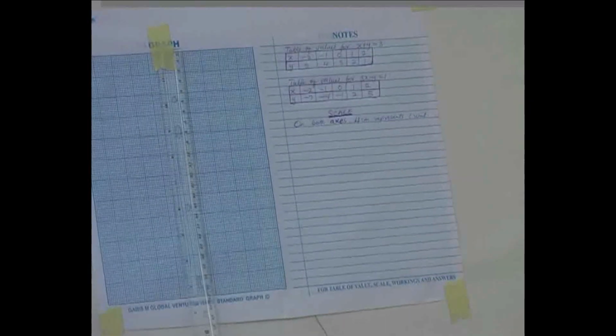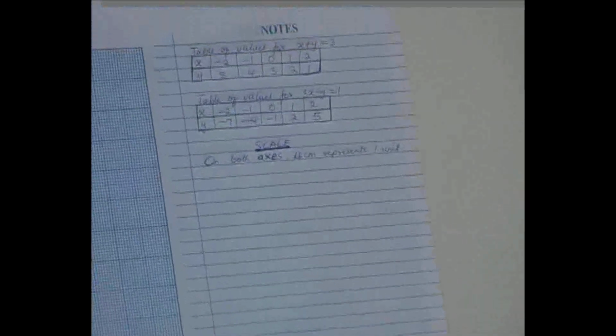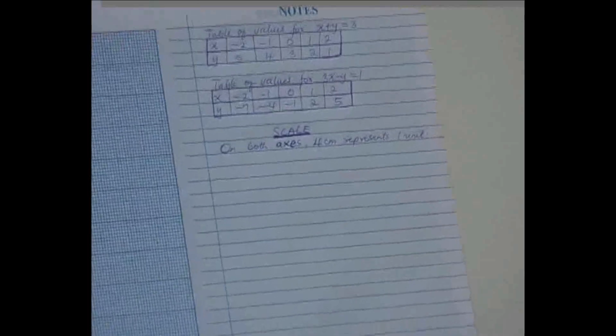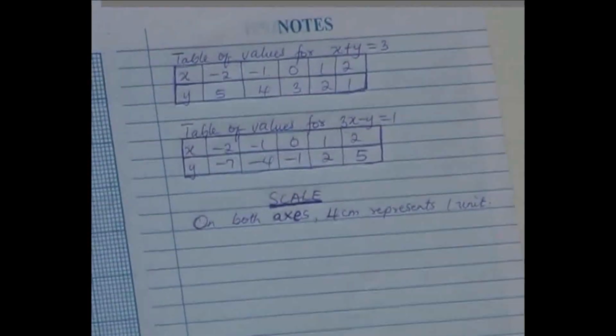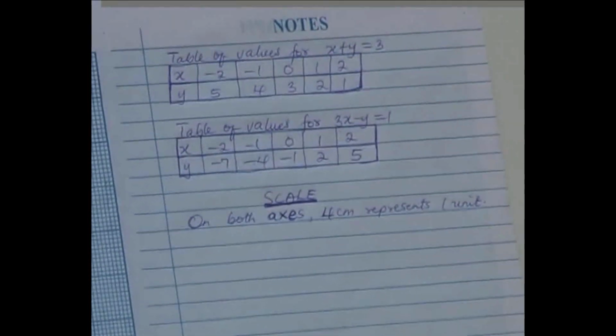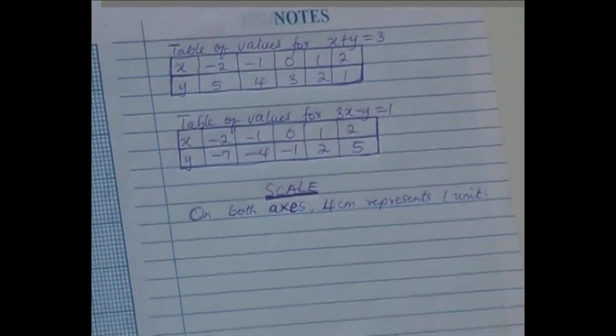That is exactly how you do it in case you are told to do this kind of thing in your external or internal examinations. Now when you have done it, let me bring it closer so that you will see. What you are seeing here now is the table of values. Okay, at least you can view it now.